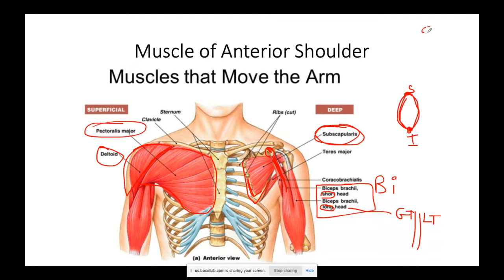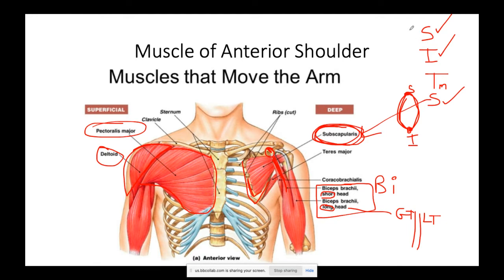So there are 4 rotator cuff muscles, and they are abbreviated SITS, S-I-T-S. The first S is for supraspinatus. The I is infraspinatus. The T is for teres minor. And then the last S is subscapularis, which is the one that I circled here. Okay, that's the subscapularis.